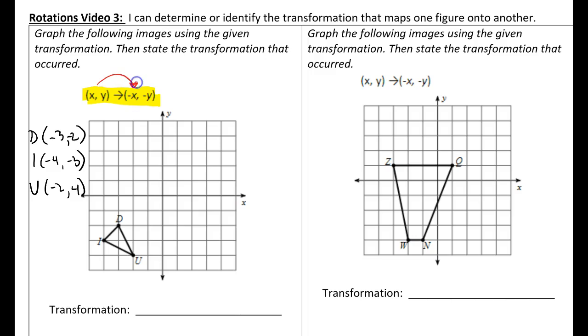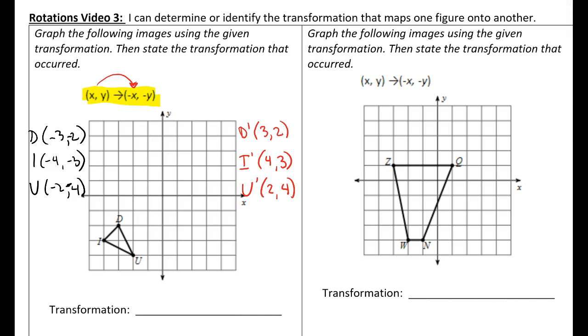So we're going to take the opposite of each of these. So D prime is going to be +3, +2, and I prime is going to be +4, +3. We're taking the opposite of each of the others. And then U prime is going to be +2, +4. For some reason this negative didn't show up. -4. Okay.